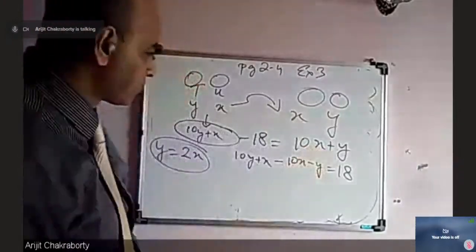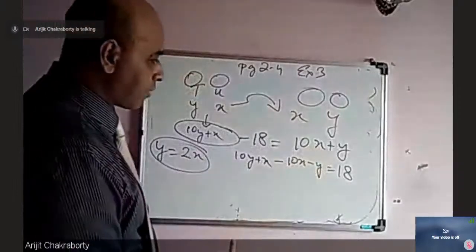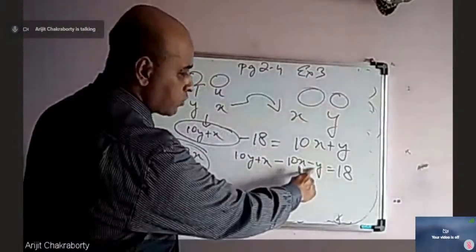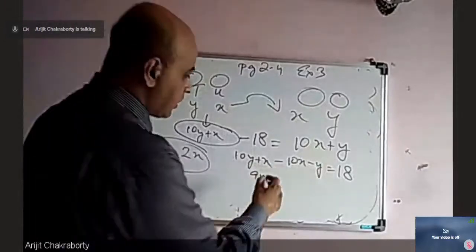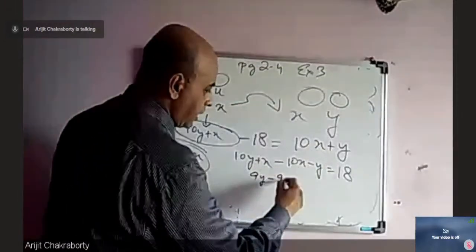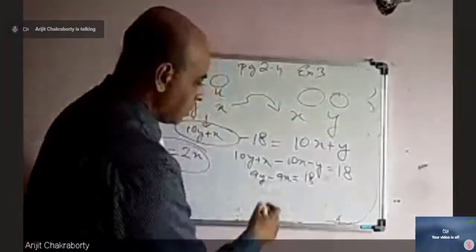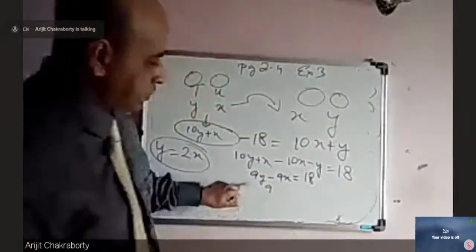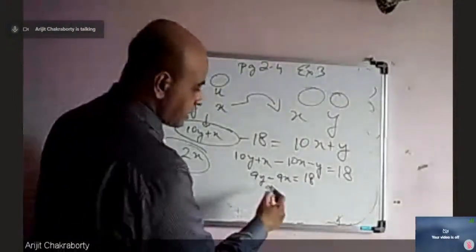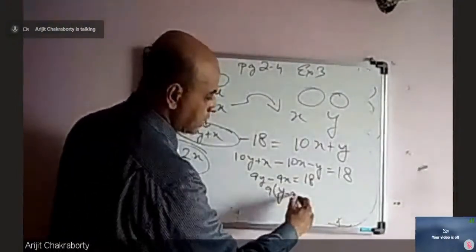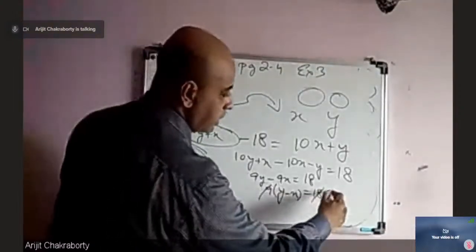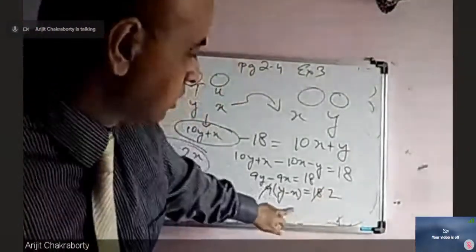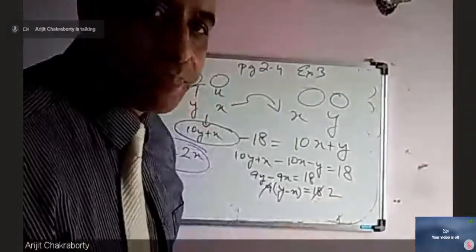Now 10y minus y is 9y, plus x minus 10x is minus 9x, equal to 18. Taking 9 common, you get 9 into y minus x equals 18, and it cancels out to give 2. So y minus x is 2.